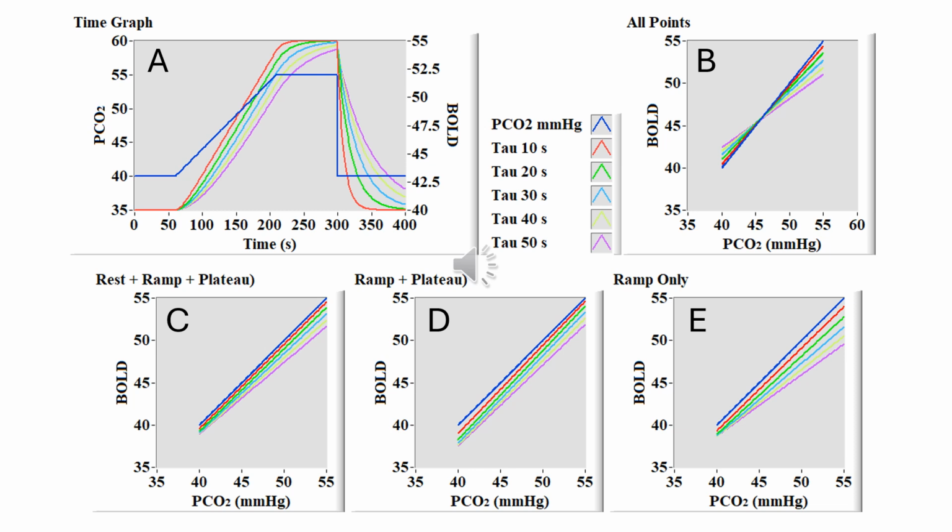And graph E uses points from the ramp only from 60 to 210 seconds. As can be seen, the effects of transients due to slowed responses on the CVR measurement varies with the magnitude of the time constant tau. And the calculation of CVR is also affected by the time range chosen for regression analysis of these responses.